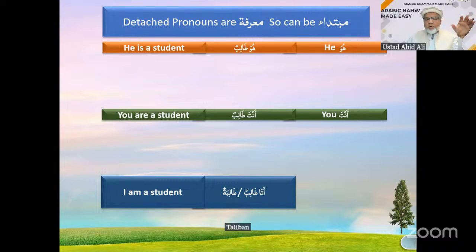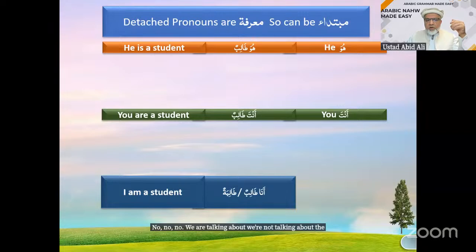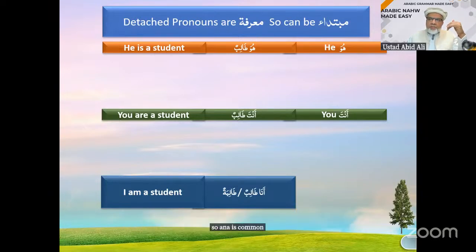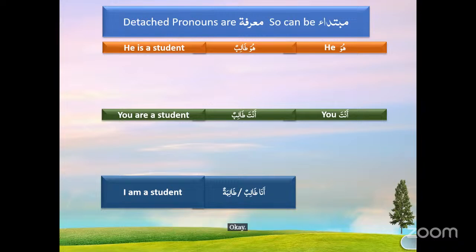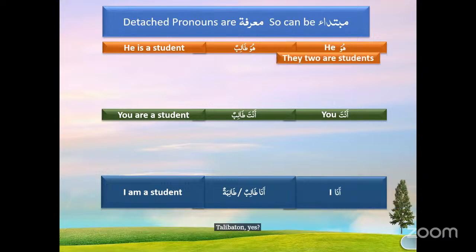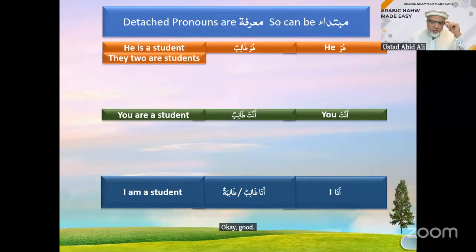We're not talking about the demonstrative pronouns right now. We are talking about detached pronouns. So, ana is common between male and female. If a female is saying that she is a student, she will say ana talibatun. Okay, good.